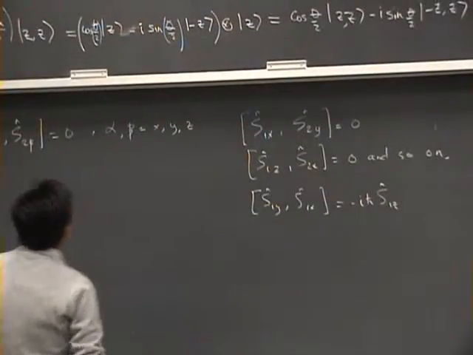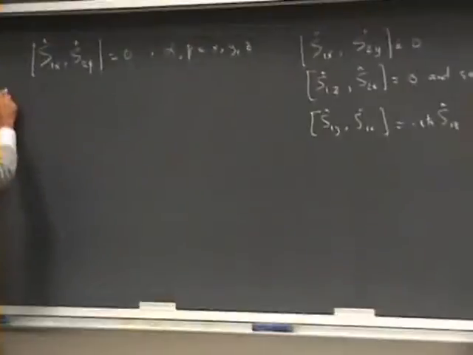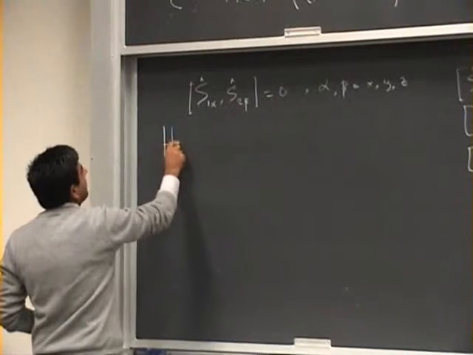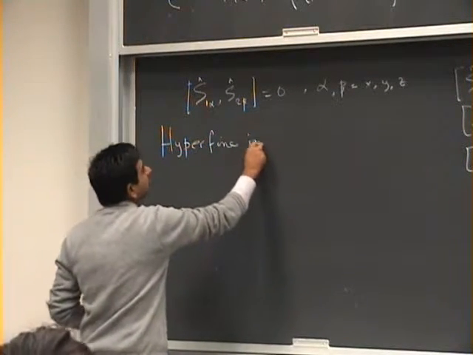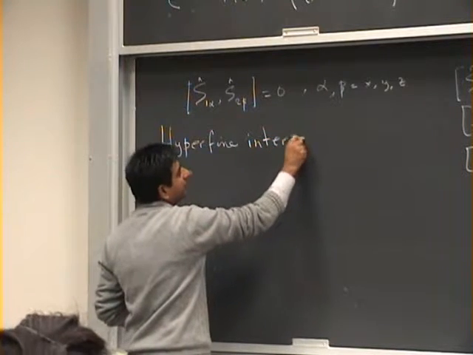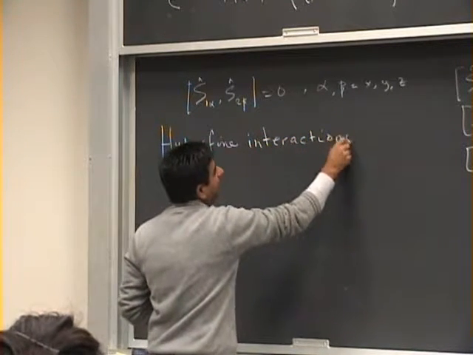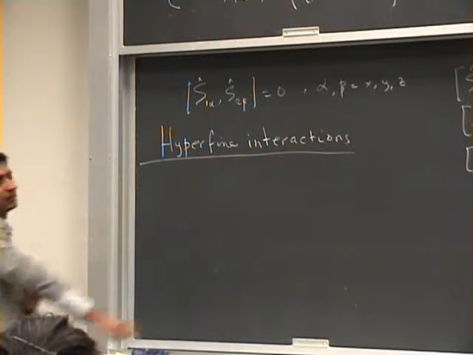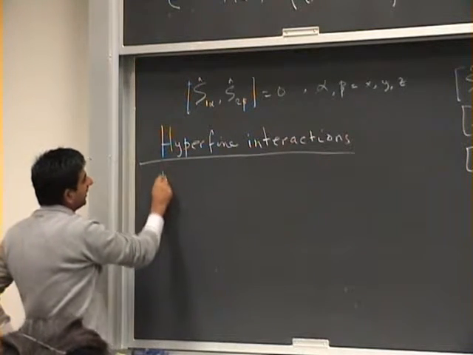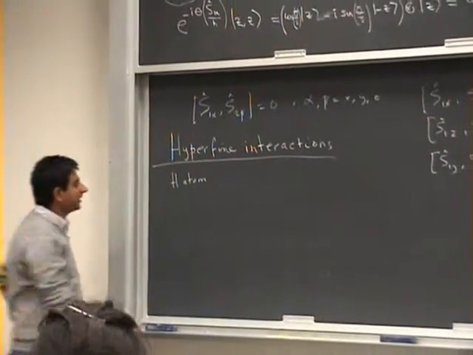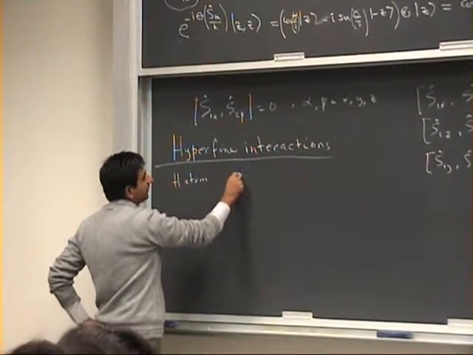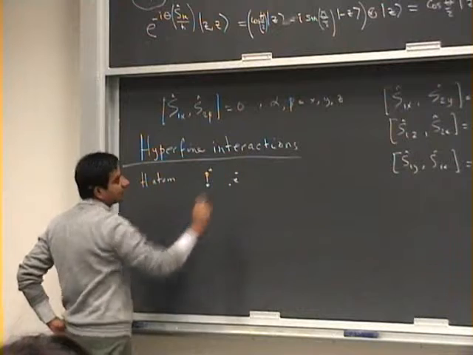Now I would like to introduce to this arsenal the concept of the hyperfine interaction. So this will reveal most of these concepts that we've learned so far as far as two spin half particles are concerned. Suppose I have the hydrogen atom in its ground state. What this means is that we have a proton and we have an electron.